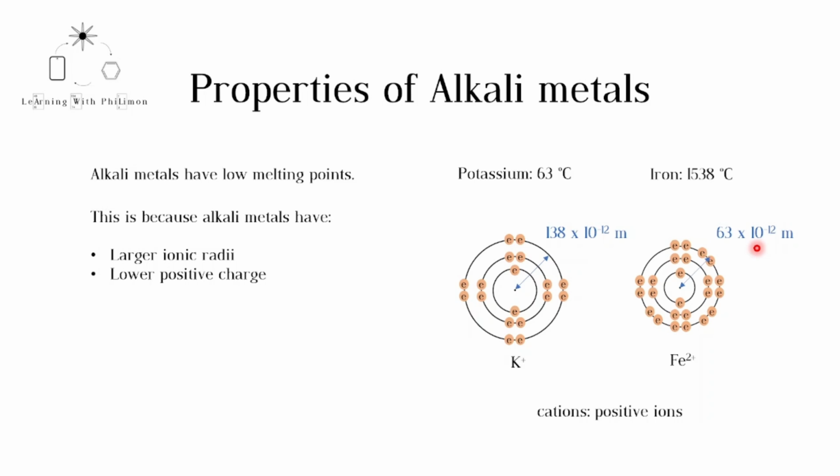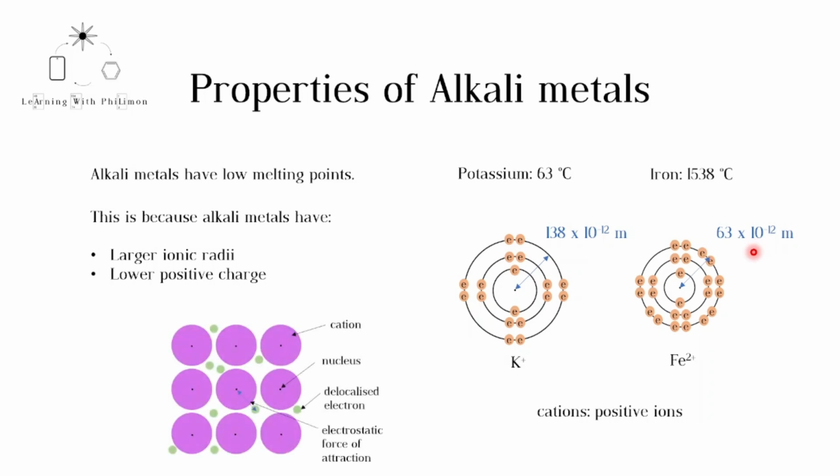In metals, cations are arranged in a lattice, as seen in this diagram. The electrons that the metal lose are free to move across the structure and are called delocalized. For more details on metallic bonding, please watch the following video. The smaller the cations, the closer the positively charged nuclei are to the negatively charged electrons.